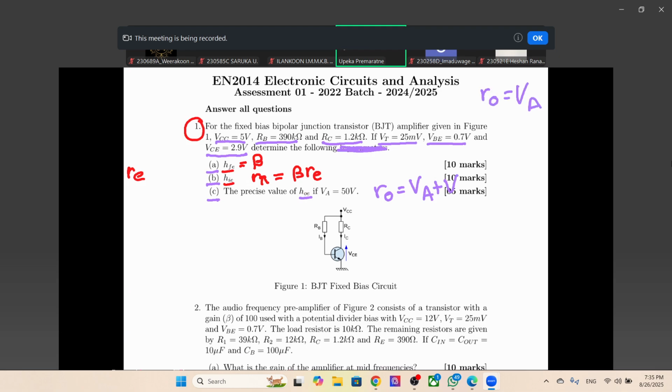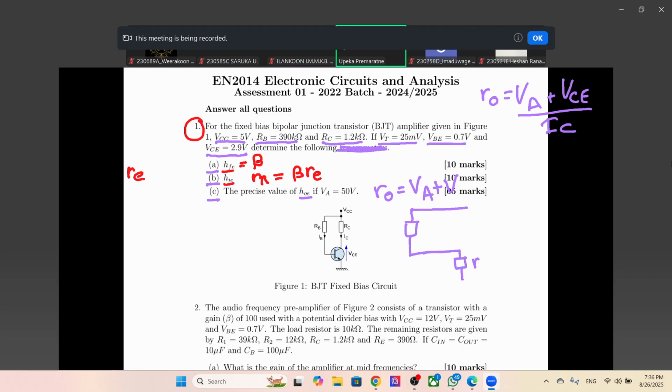Here we'll use the T model to determine these values. So first of all, let's draw the circuit T model.